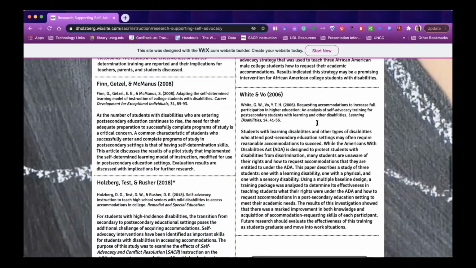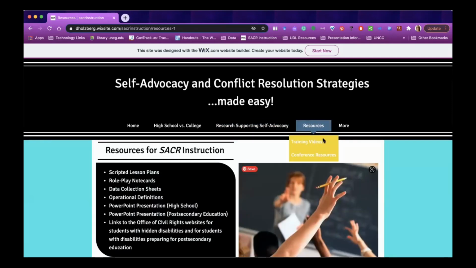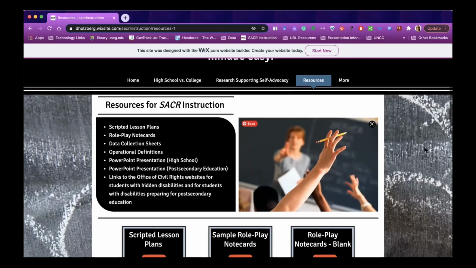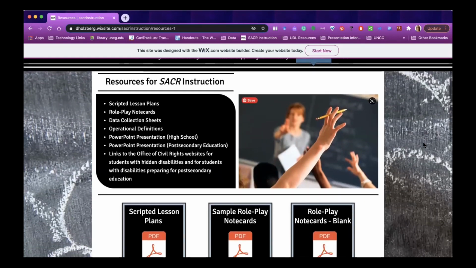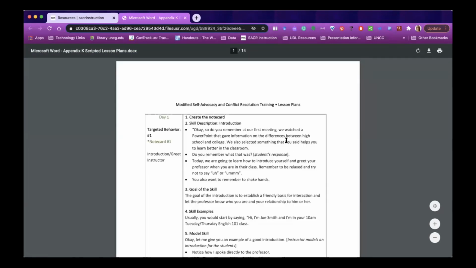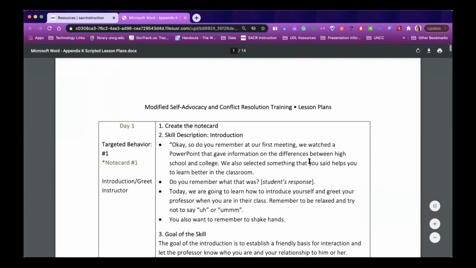That's what's there. The next tab is the resources. And when we look at the resources, this is the section that will help you the most with hopefully doing this intervention with your students. Okay, so it's organized by the scripted lesson plan. So if I click on this, and hopefully you can still see that, it is the scripted lesson plan, and I will make it a little larger. Okay, so it's more accessible.